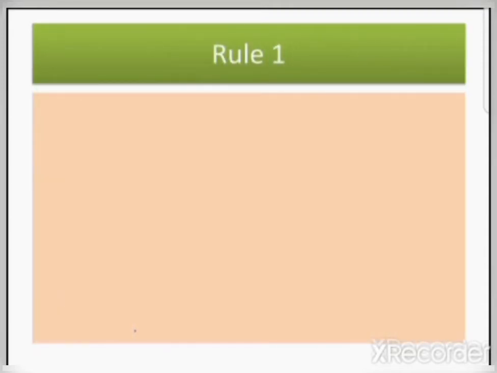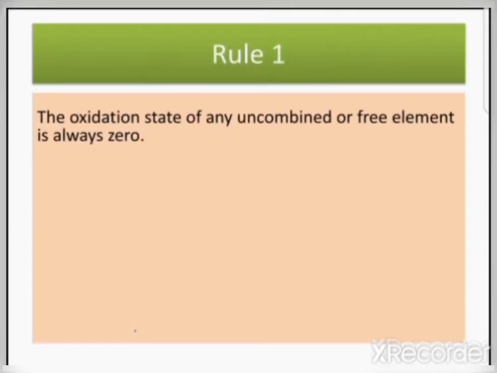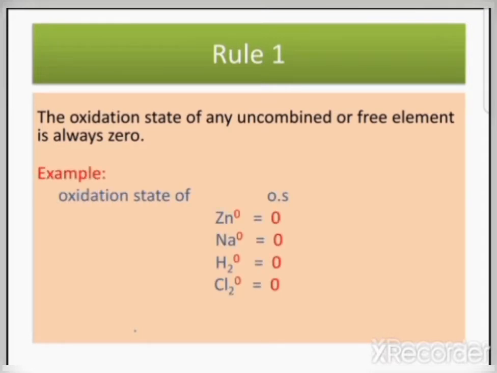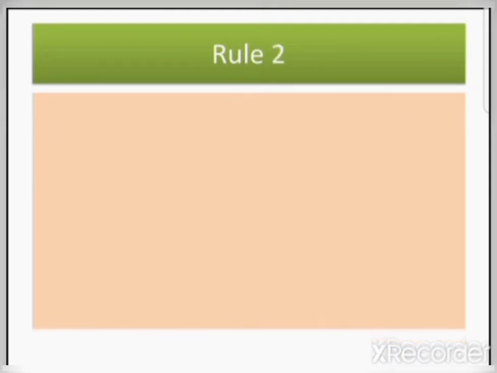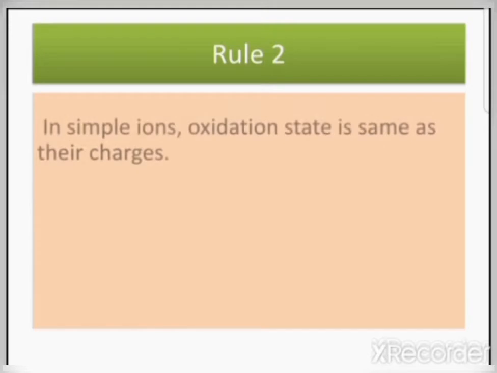Rule number 1. The oxidation state of any uncombined or free element is always 0. For example, the oxidation state of zinc, sodium, H2, Cl2 is taken 0. Rule number 2.